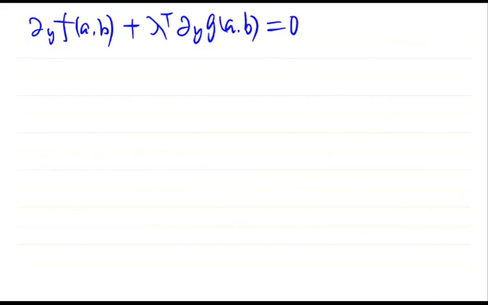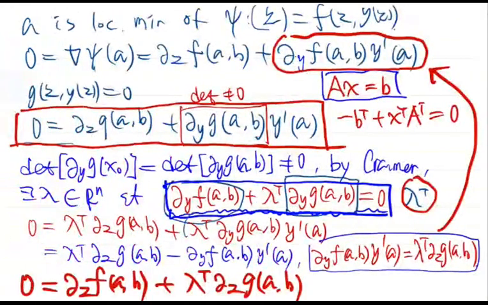This is the equality we obtained. Then we also have the final equality, dz, replacing the dy by dz. The final equality is obtained by substituting the lambda transpose into the result obtained from taking the derivative of g(z, y(z)) equal to 0.